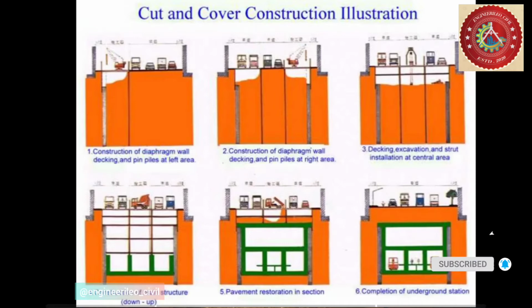In this, first of all, the left pile is dug, then the right pile is dug, then the struts are installed, then the excavation is done, then the main construction from down to up has started, then it has been restored, and then the soil is filled, and the completion of the underground section has been taken.